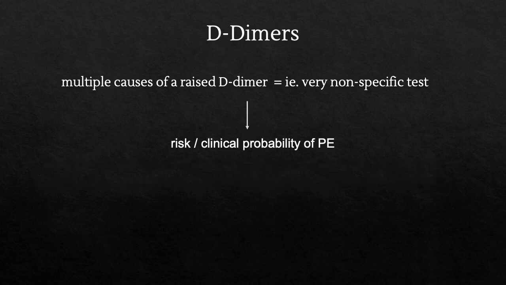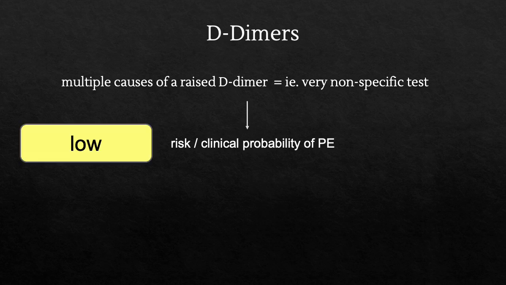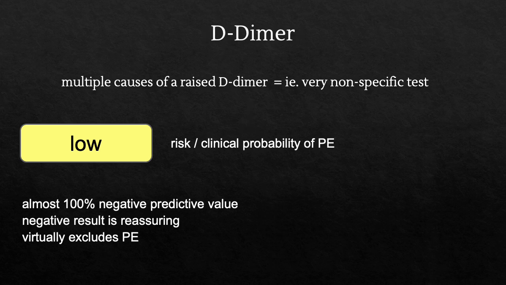The D-dimer must be interpreted with caution, and you must interpret it in conjunction with the likelihood of there being a PE. So look at your risk stratification. A negative D-dimer can be helpful in a low risk for PE patient. A negative D-dimer rules out a PE, but a positive D-dimer does not rule in a PE.